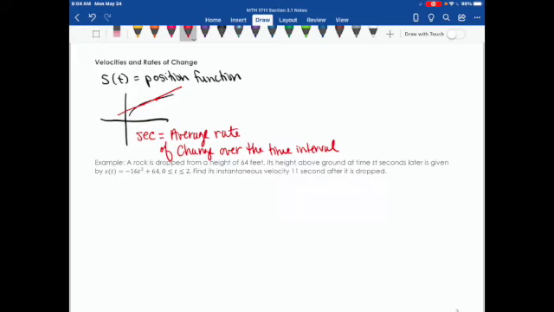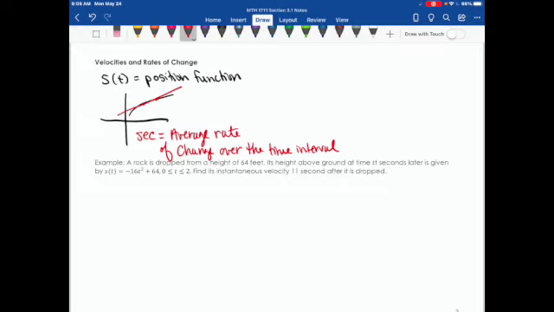And when we're talking about average rate of change of a position over time, what we're really doing is talking about the velocity or the speed, right? If I'm changing my position, which would be some kind of distance, miles, meters, feet, and then we're talking about changing it over a period of time, that would be feet, seconds, minutes. We're talking about velocity, right? Feet per second, miles per hour.